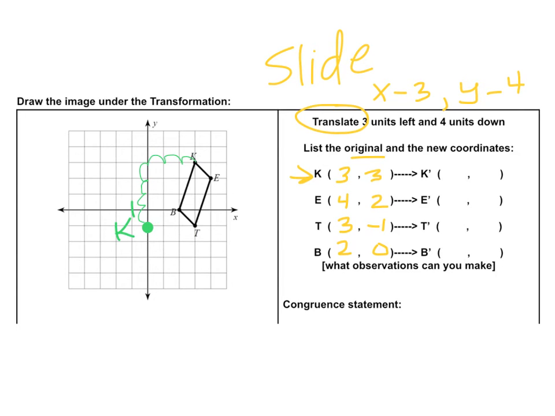Okay, I'm going to stop drawing these squiggles. I'm just doing that to show you where I'm moving it. Let's continue the pattern though with each vertex or each corner. 3 to the left and 4 down. So E goes 3 to the left and 1, 2, 3, 4 down. So E is going to be right here. And mark it E prime.